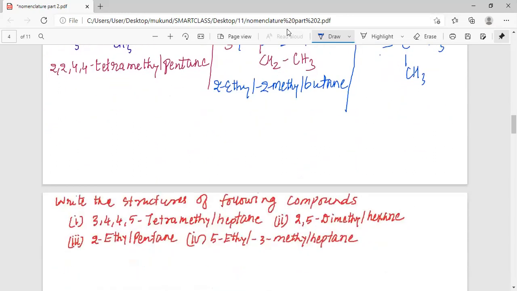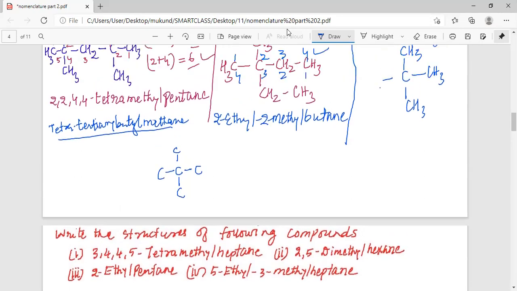Tetra tertiary butyl methane. This tetra tertiary butyl methane can be written in this form, that this carbon has got 4 tertiary butyl groups.